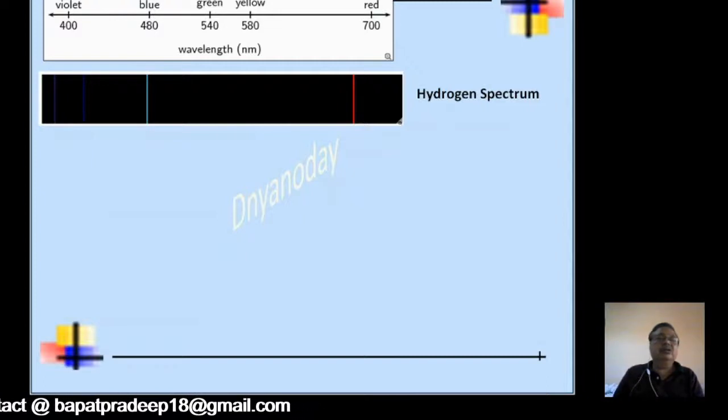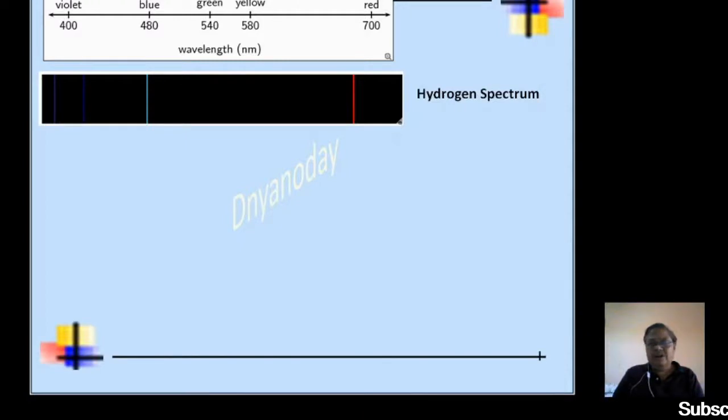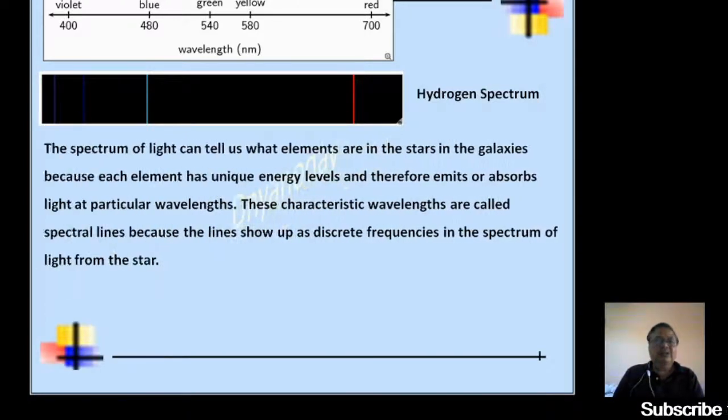Okay, so here we can see that the different line patterns have different wavelengths. The violet line has a wavelength of 400 nanometers and the red has 700 nanometers. This is a hydrogen spectrum, with the different light patterns given at the top. Different planets and celestial objects have different atmospheres or different minerals on their surfaces.